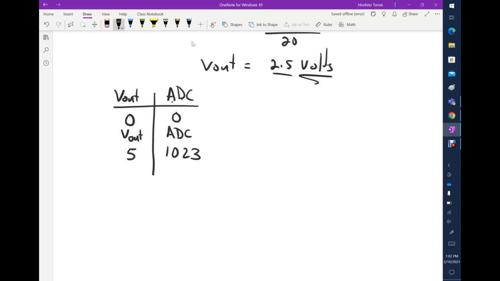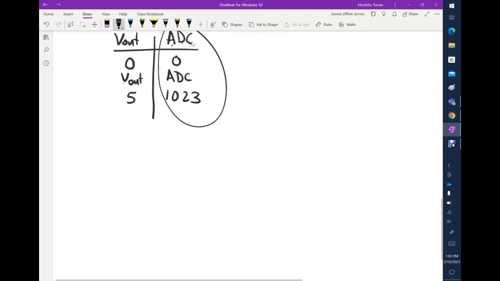So I definitely can use, for example, interpolation: if you know the voltage out, you will easily calculate what the value of ADC is that is going to be read by the Arduino. However, more than that is the fact that when you are using ADC, you lose the units.